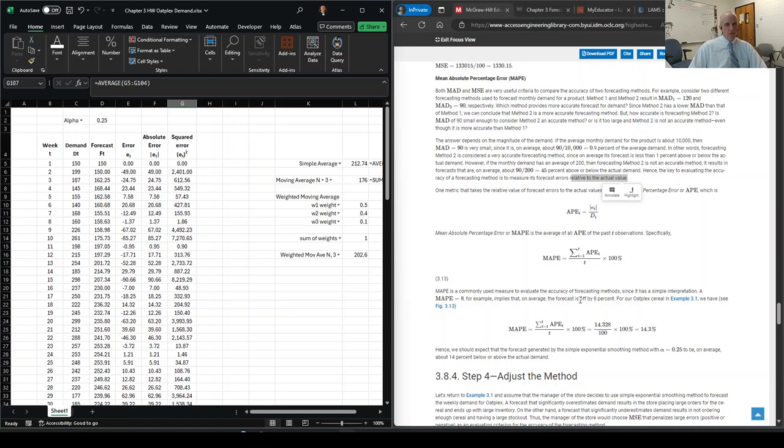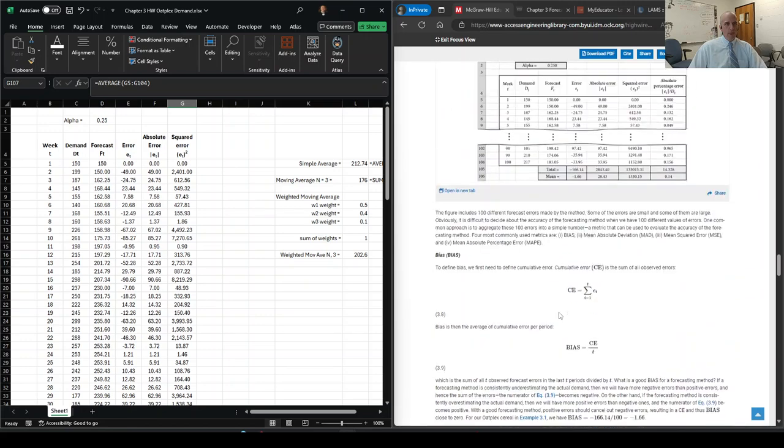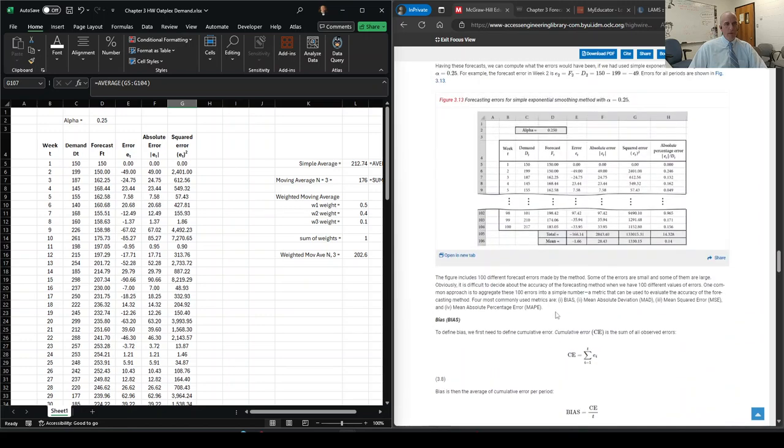For our Oatplex cereal, we have in figure 3.13 the absolute percentage error. This gives us a percentage. So let's do that. Let's take this label and change it to absolute percentage error.